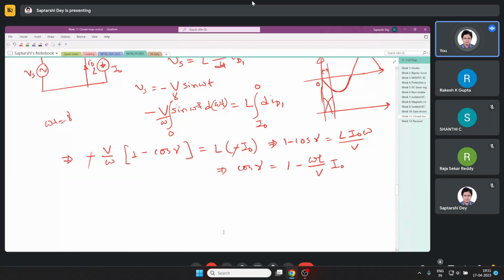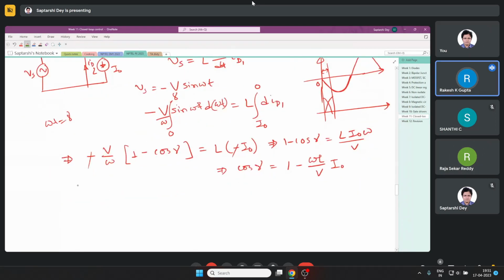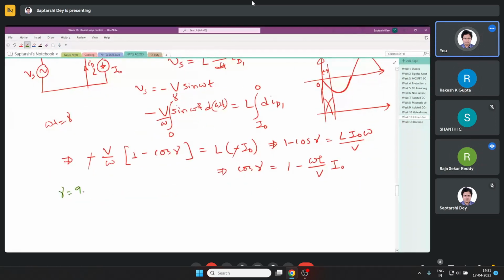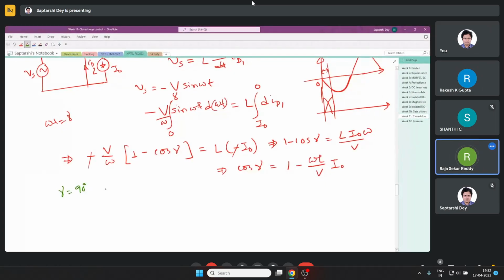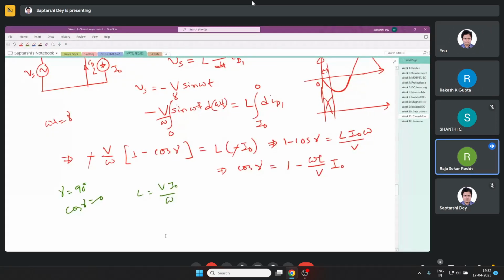L infinite means it will not even conduct. Gamma 90 degree means cos gamma is 0, no? So L will be somewhere V by I naught omega.